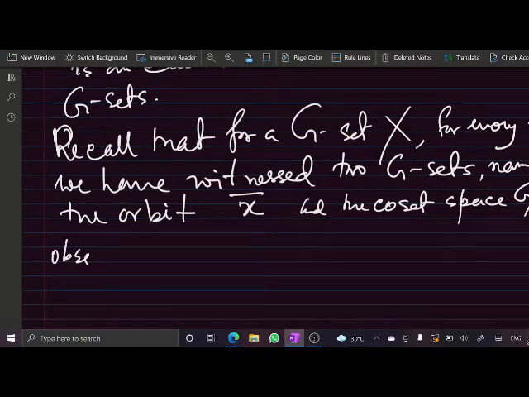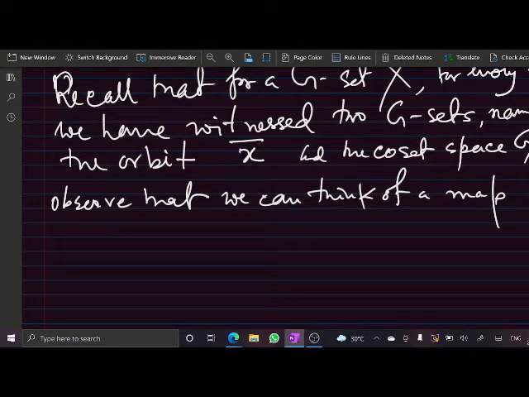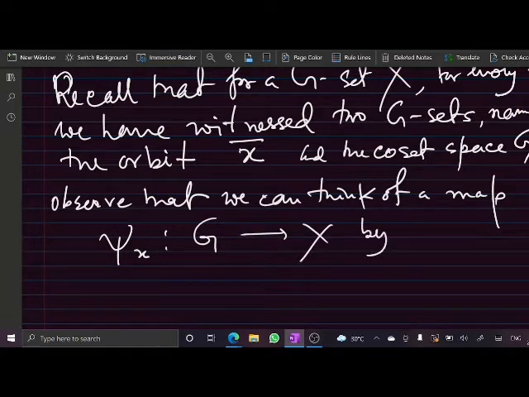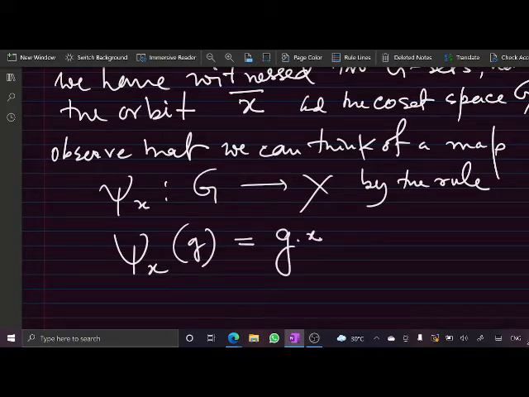Now observe that you can think of a map psi x from the group G to X by means of this rule: psi x of small g goes to g dot x, right?